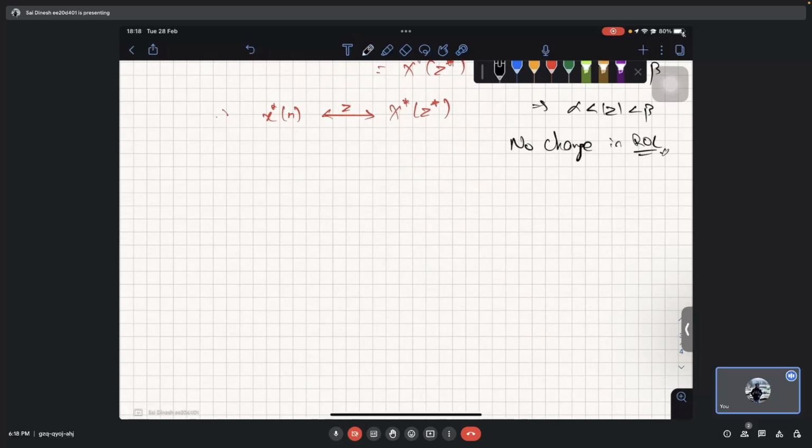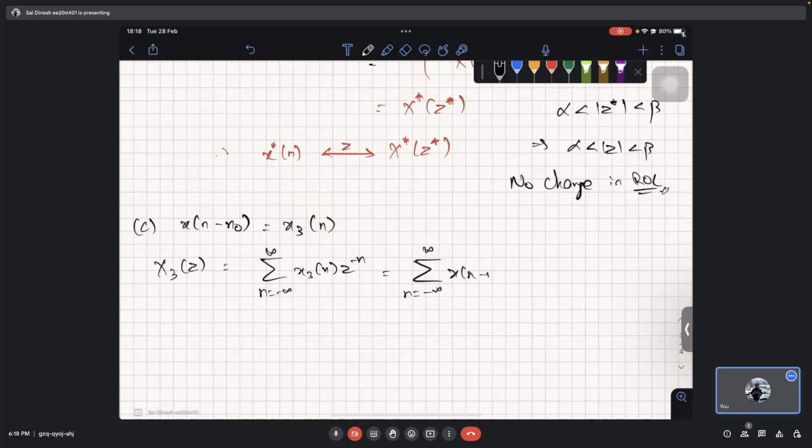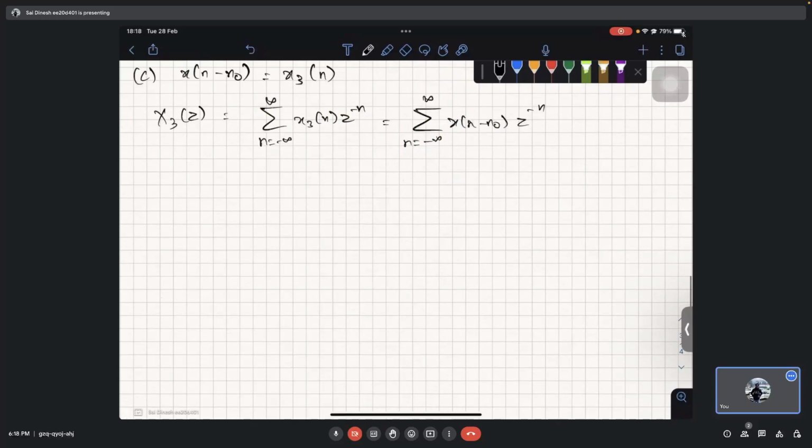So now let's do the third example, where we need to find the Z transform for x(n - n0). Let's say this is x3(n). Now x3(z) is equal to the sum over n equal to minus infinity to infinity of x3(n) z^(-n), which is equal to the sum of x(n - n0) z^(-n).